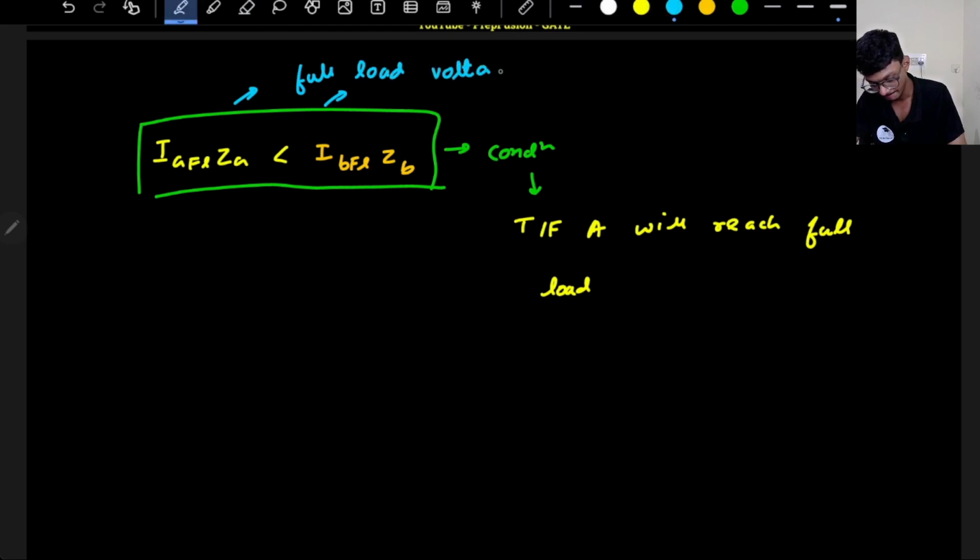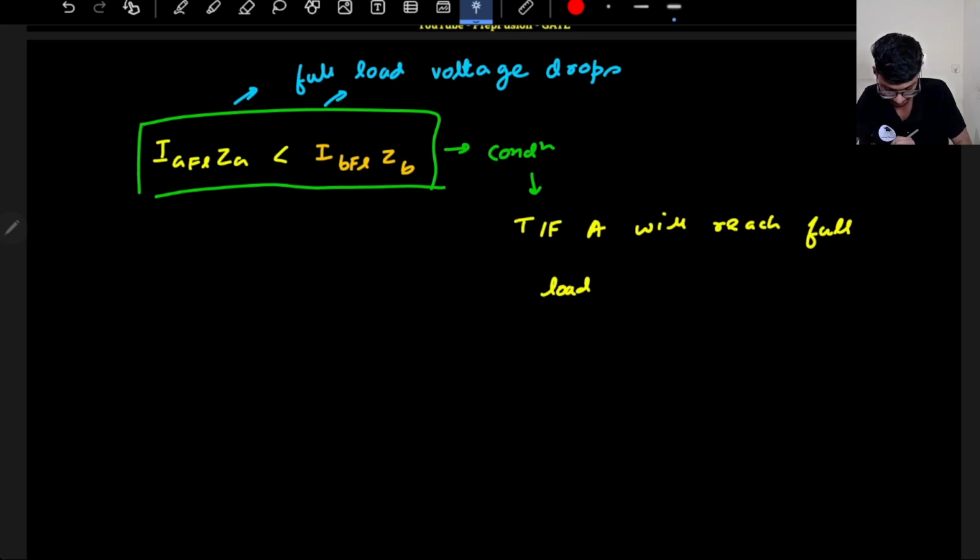That means this will reach the full load first.